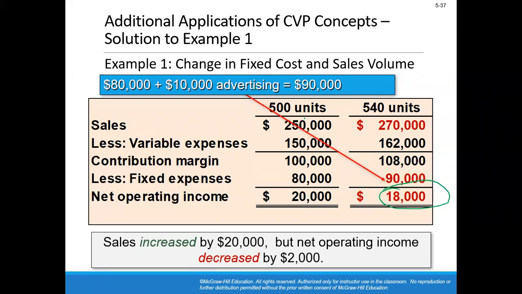Our profit decreases by 2,000 for the increase in sales unit and simultaneous increase of advertising expenses of 10,000. Why is this 10,000 advertising expense incurred? Why is it necessary? We already have some advertising expenses, but why are we thinking of increasing them? What is our motivation?